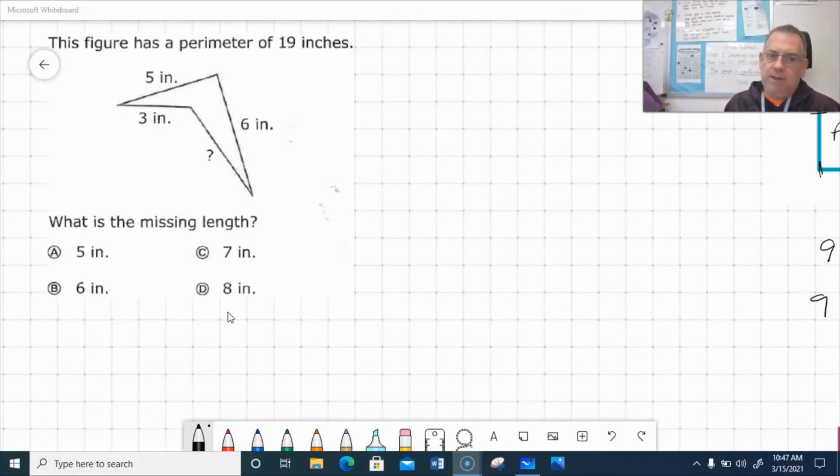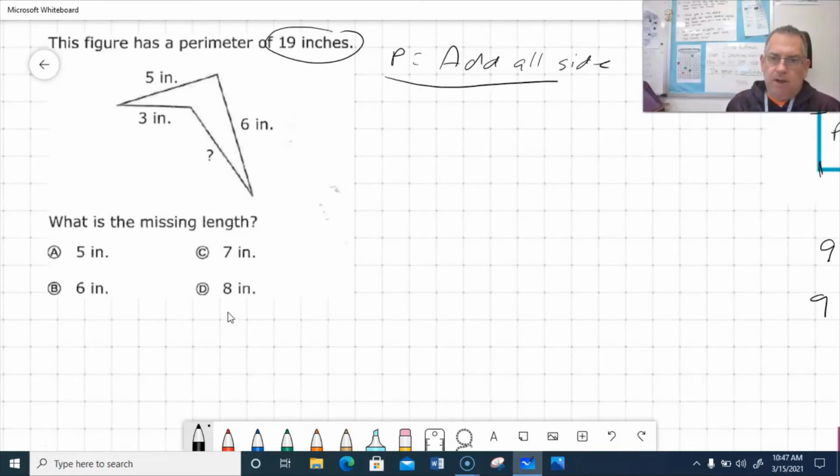We can rewrite this equation because we know the perimeter is 19 inches, and we calculate perimeter by adding all sides. Perimeter is add all sides. So we can rewrite this equation with a missing number in there, and use our knowledge of addition and subtraction to figure out what this missing side is.